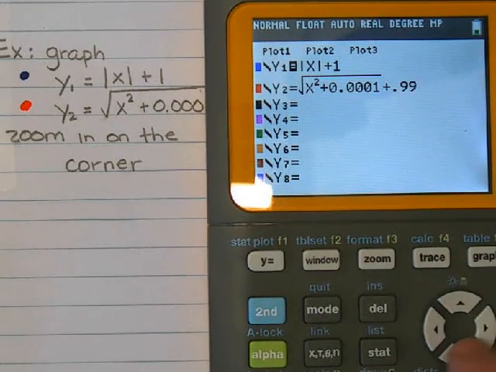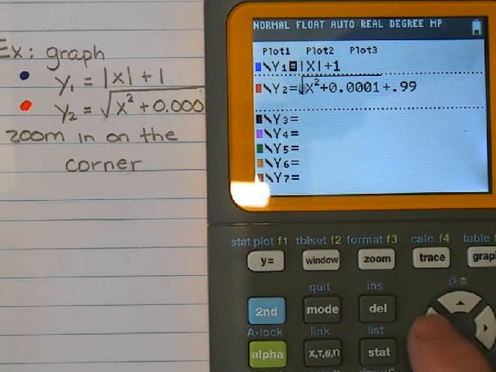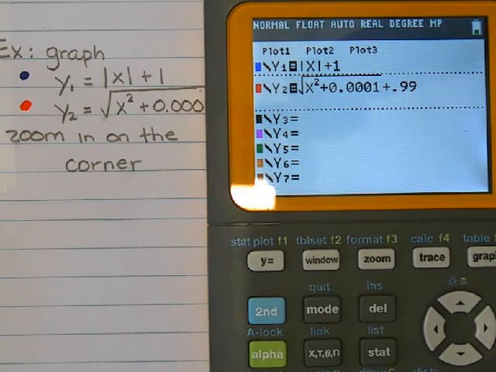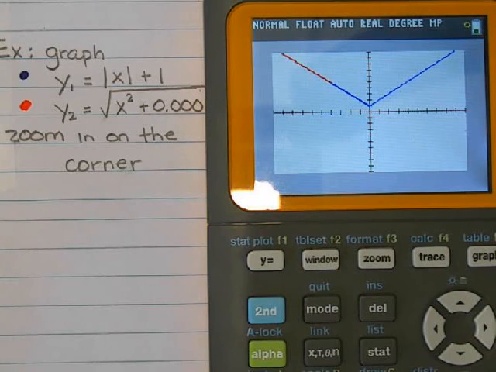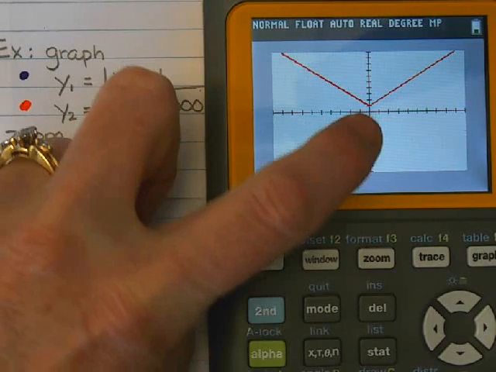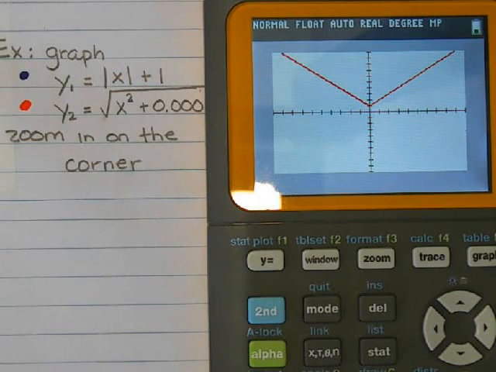Let me turn on both at the same time. And notice when I graph them, they look almost identical. I'm going to look at the corner right there, because we said if a graph has a corner, it's not differentiable there.